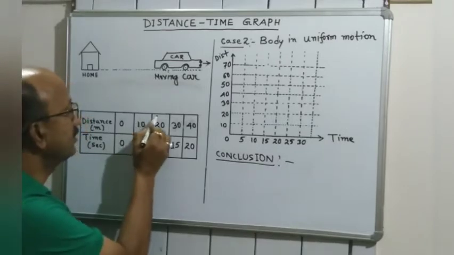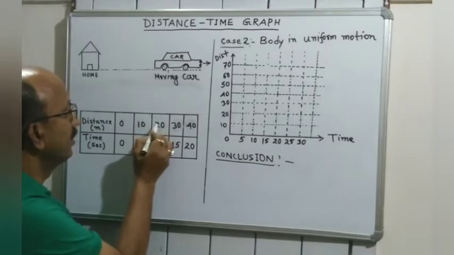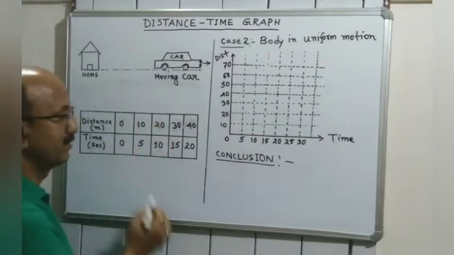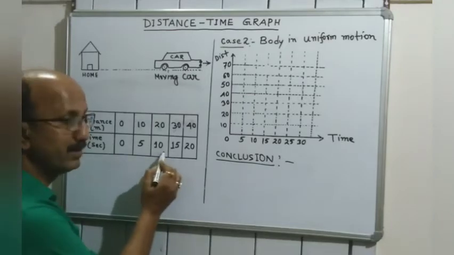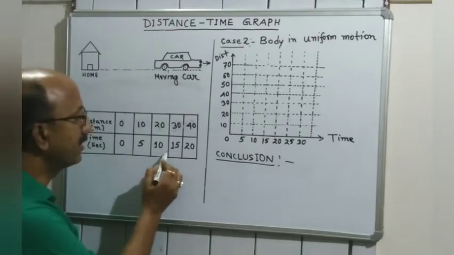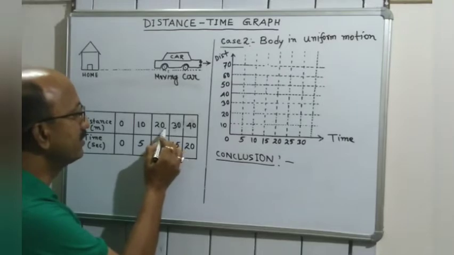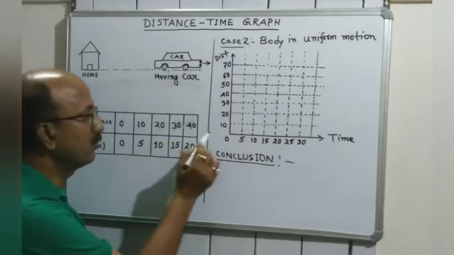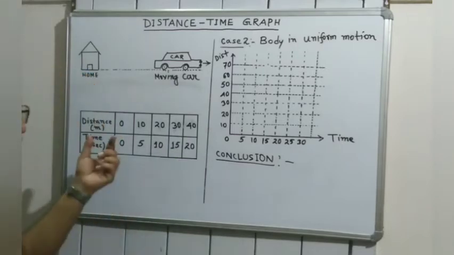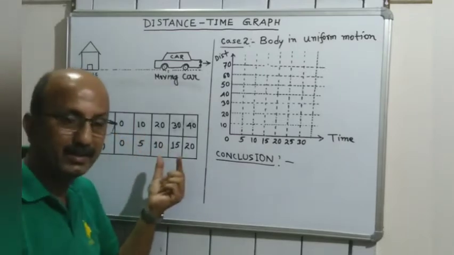How much distance did it cover? 20 minus 10 is 10, so again it covers 10 meters. Next, 10 and 15, the difference in time is 5 seconds, and the difference in distance is 30 minus 20, which is 10 meters, and so on. So the car is covering equal distance in equal intervals of time.